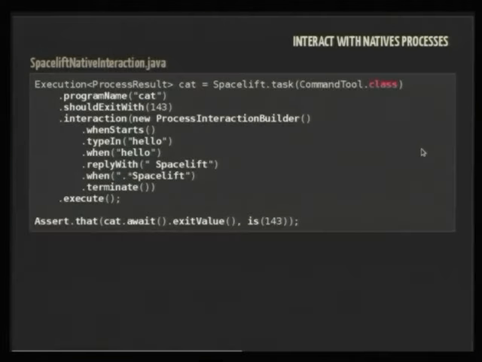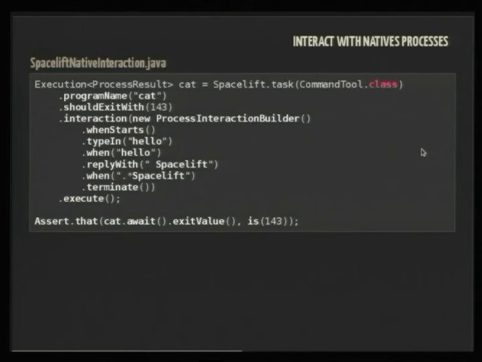Let me show you another tool. We do have a set of, let's say, 20-30 tools at this moment, and we are working on delivering more abstractions on top of this. So this is a basic tool that interacts with the cat process, which is a default thing that exists in Linux, and it basically echoes the input.